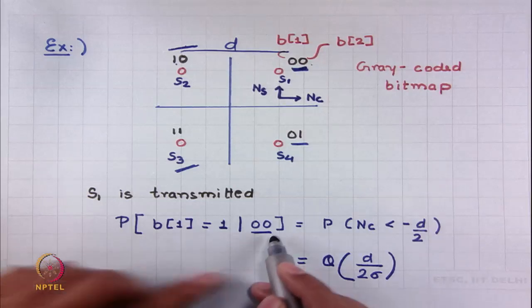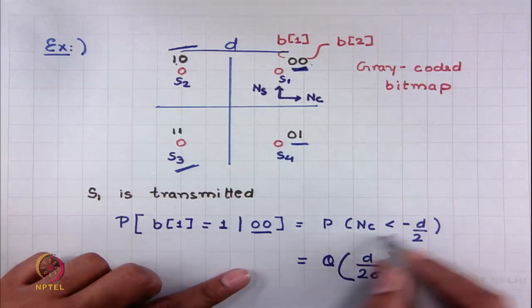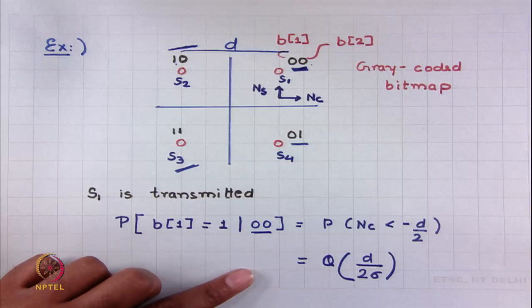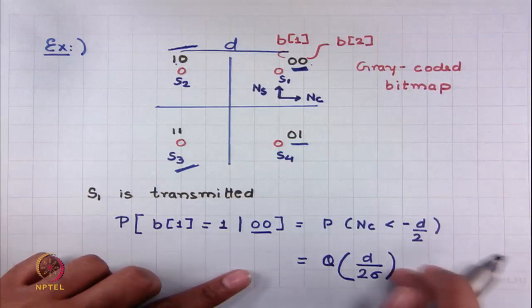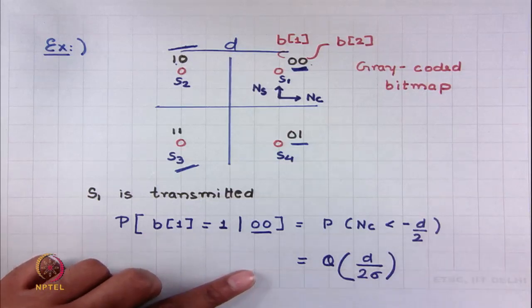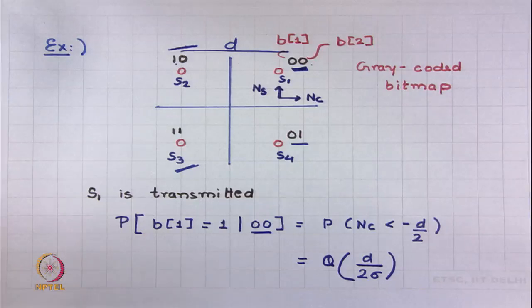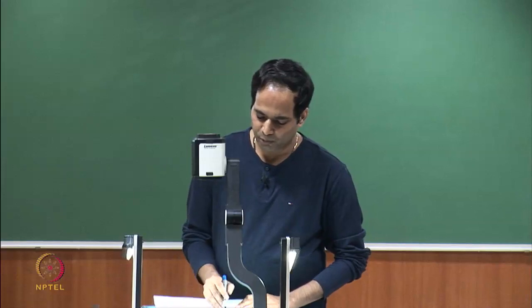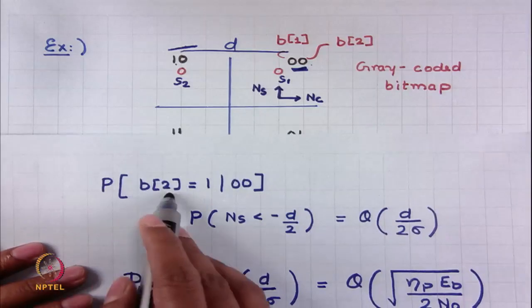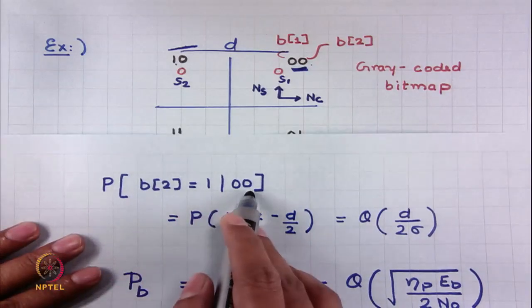So, this event corresponds to the probability of NC being less than minus d by 2, and this we know by heart is simply Q of d by 2 sigma. Easy. Now we have to find the probability that bit 2 is 1 given that you have transmitted 00.